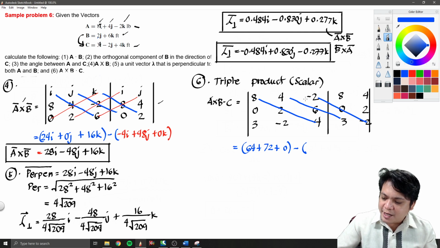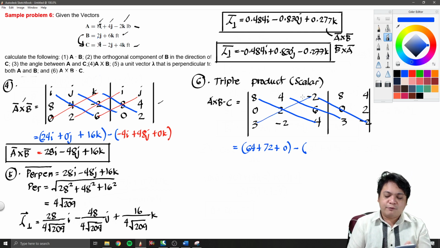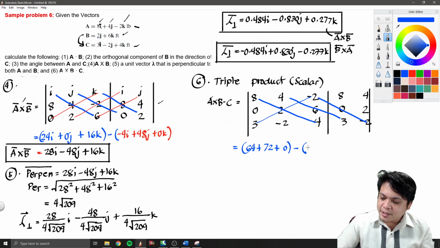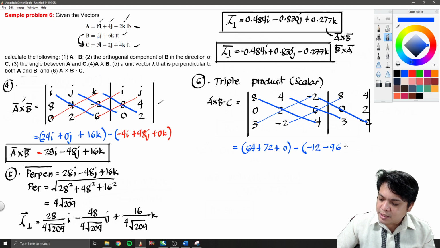Then we subtract: 3 times 2 times negative 2 is negative 12, and negative 2 times 6 times 8 is minus 96, and then 0.